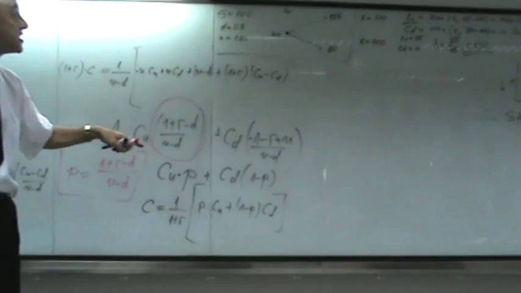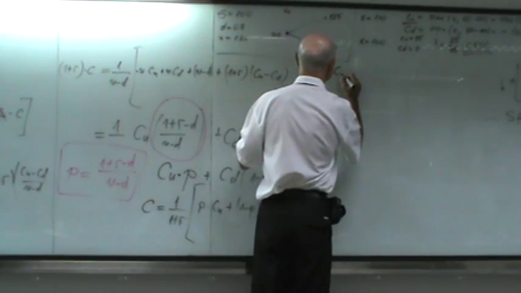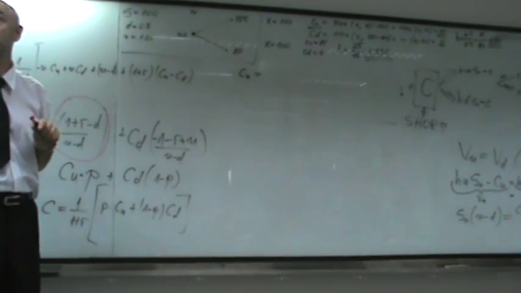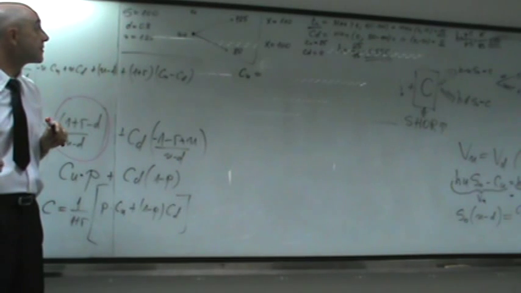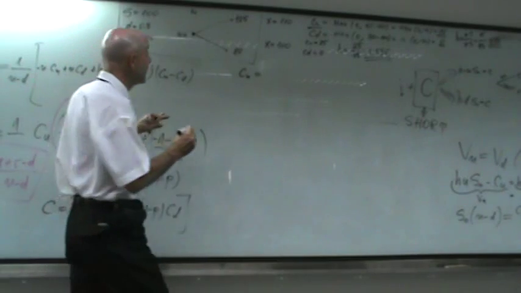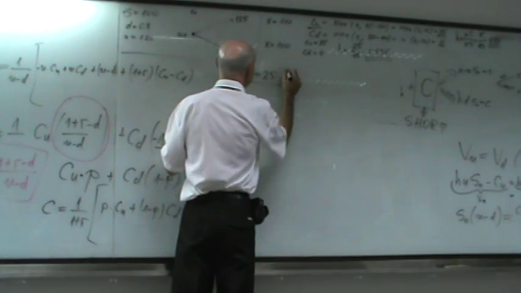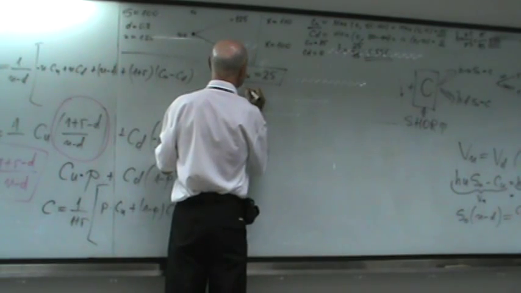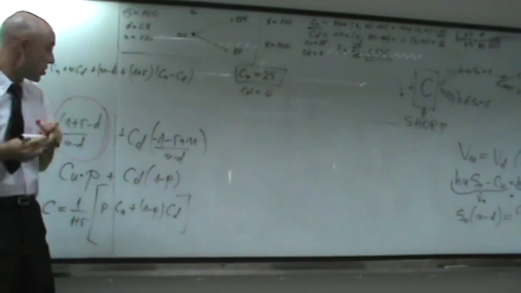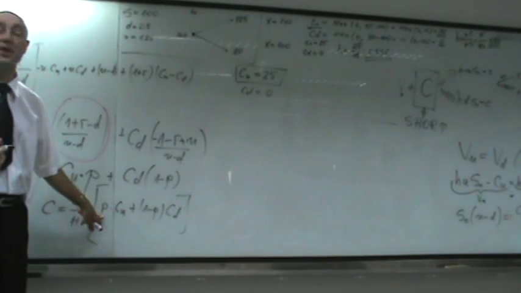So first of all, for this example, CU equals how much? CU is 25. CD equals 0. And now we need to calculate P.